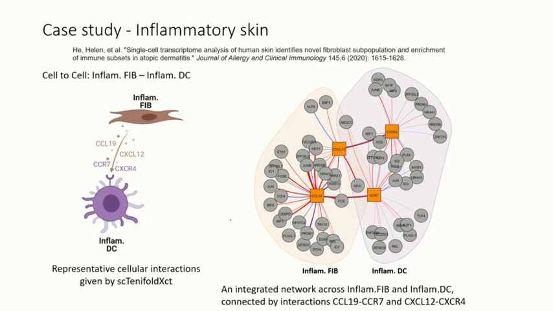So this is some examples in fibroblast to dendritic cells, and then we can detect those interactions between two cell types.